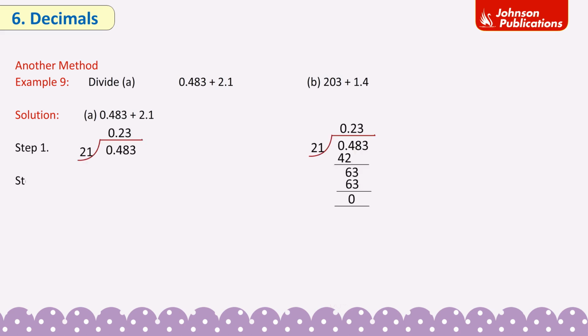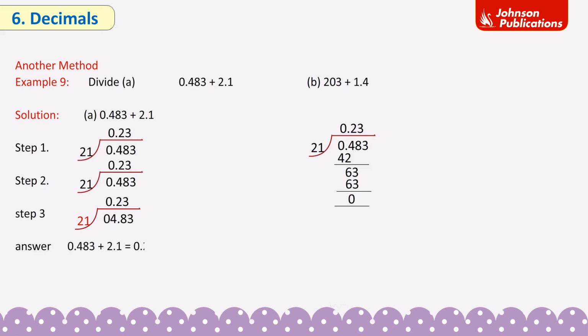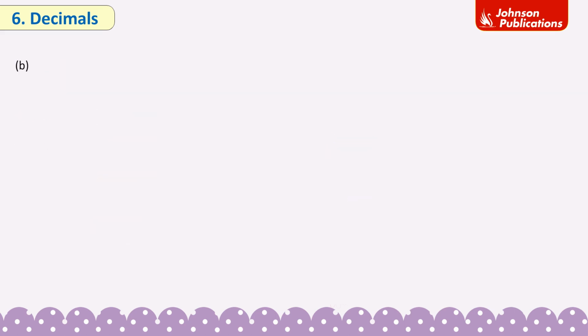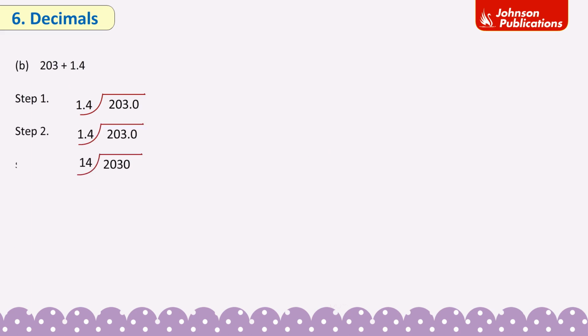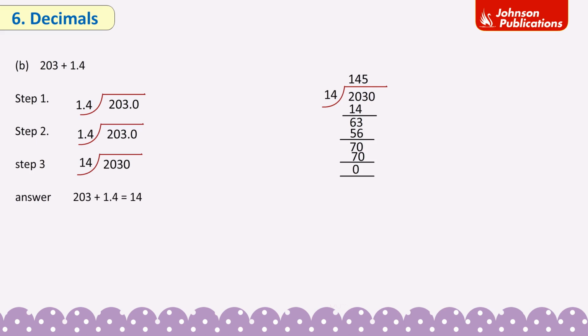Step 1. Step 2. Step 3. Answer. 0.483 divided by 2.1 is equal to 0.23. B. 203 divided by 1.4. Step 1. Step 2. Step 3. Answer. 203 divided by 1.4 is equal to 145.